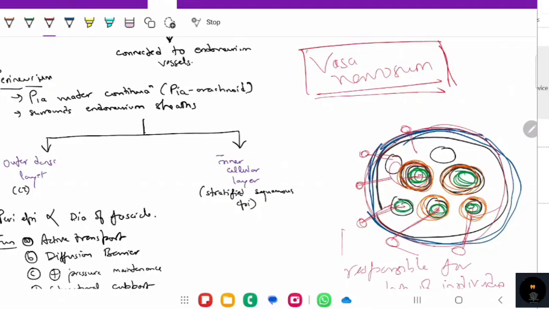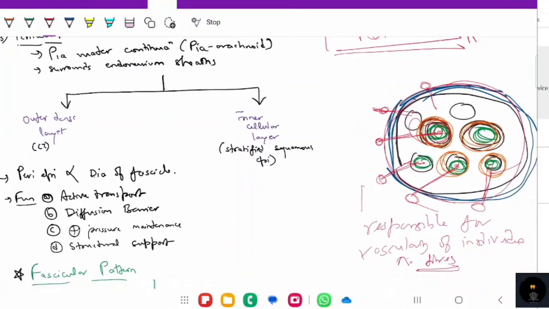So from supplying a proper nerve trunk to fascicle to individual nerve fibers, vasa nervosum is responsible. What is responsible? Vasa nervosum. How? It will travel along the epineurium, I'm sorry, penetrate the perineurium and go to endo and supply. Simple. No difficult concept as of now. Then let us move forward.